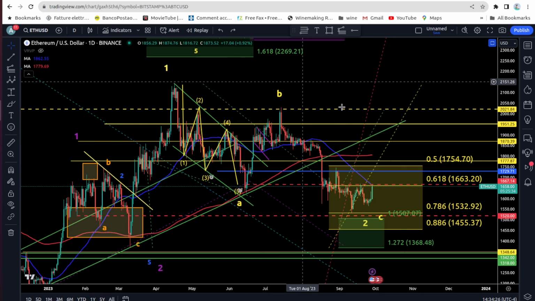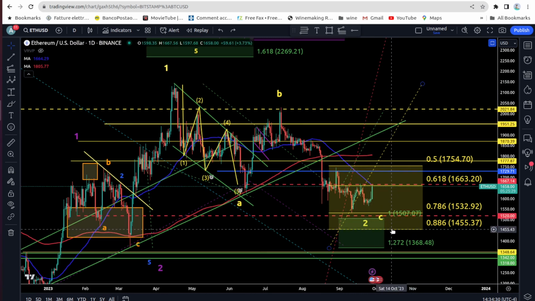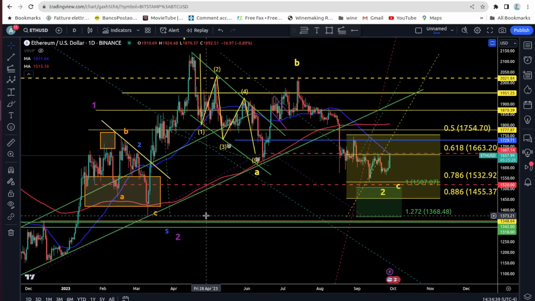Now, can it go lower? It can. We can even go exceptionally to the 0.886. It wouldn't be great, but we can. For sure, once again, we cannot go below the beginning of the impulsive movement. So I'm going to put it here.